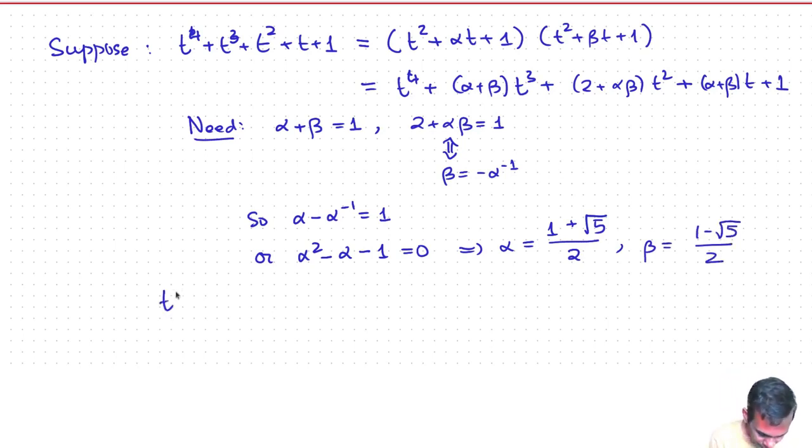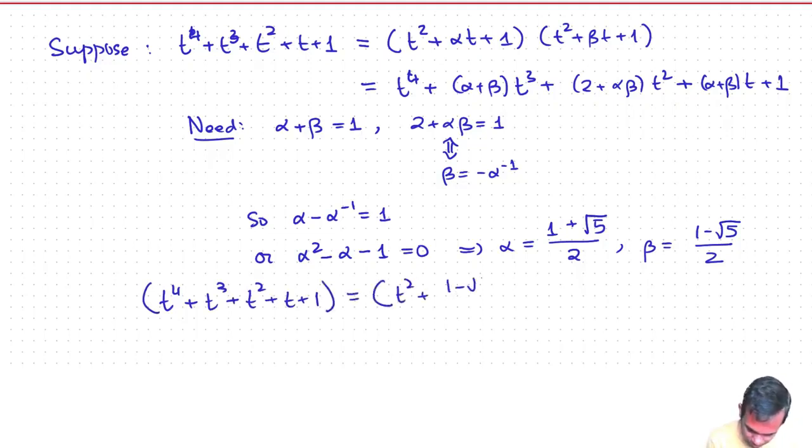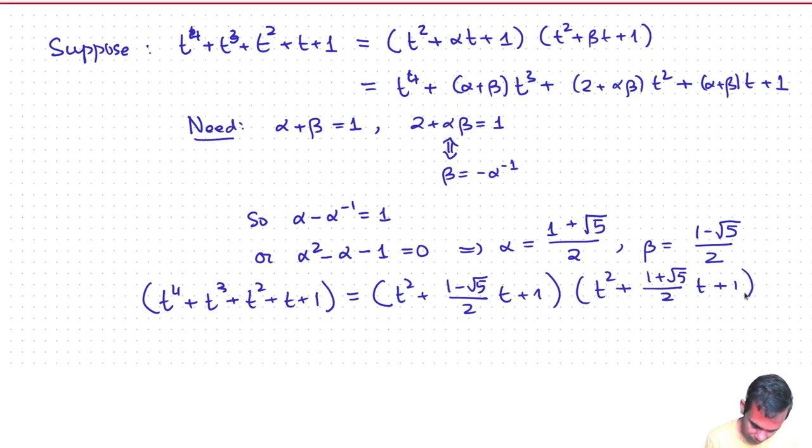So what we get is t to the power 4 plus t cubed plus t squared plus t plus 1 is equal to (t squared plus (1 minus root 5)/2 t plus 1) times (t squared plus (1 plus root 5)/2 t plus 1). Now the field generated by (1 plus root 5)/2 contains (1 minus root 5)/2, and the field generated by (1 minus root 5)/2 contains (1 plus root 5)/2. So these are the same field.